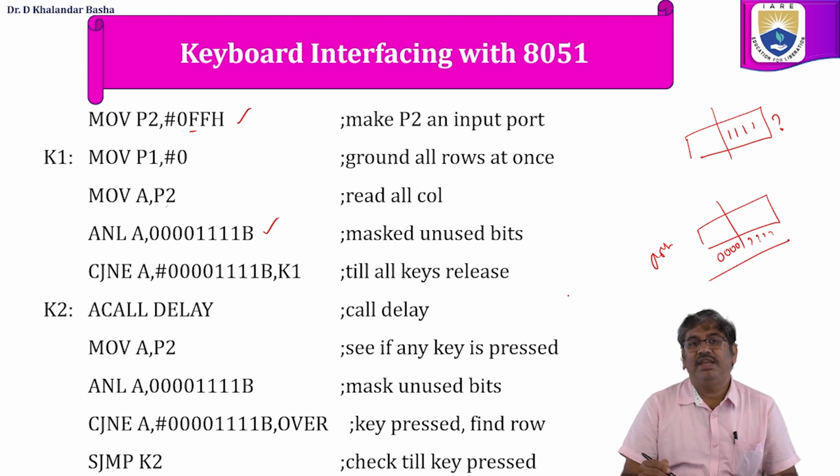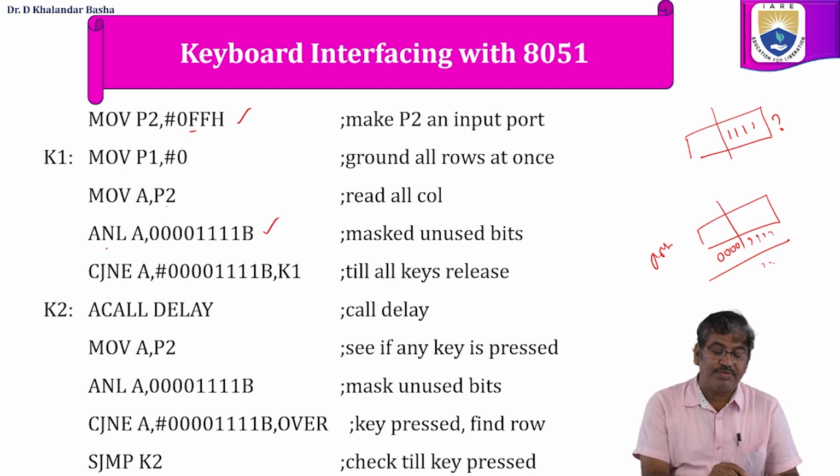Any bit ANDed with 0 returns 0, and any bit ANDed with 1 results in the same bit. So once we AND, the upper 4 bits are cleared and the lower 4 bits retain the same value. If the lower 4 bits are 1, 1, 1, 1, it indicates no switch is closed.